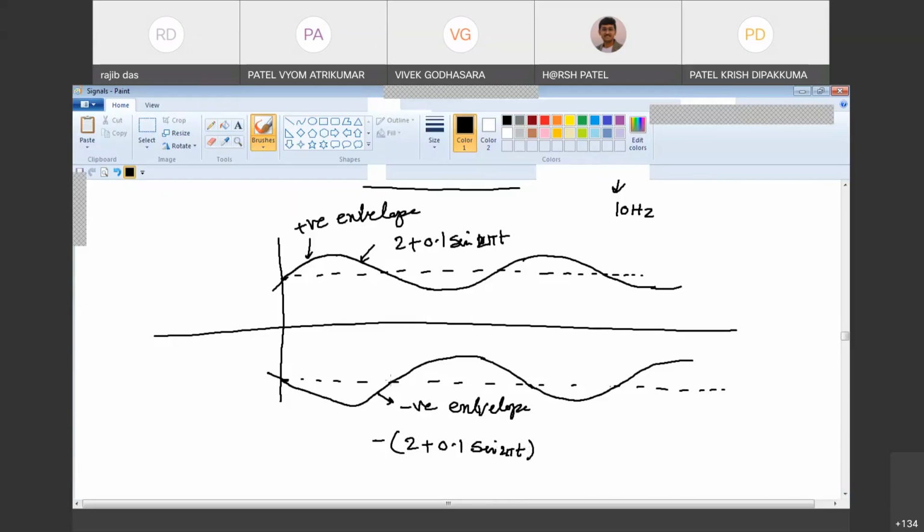Is it correct? Because this is multiplied. Don't be confused with addition. Now the resulting signal we can draw.